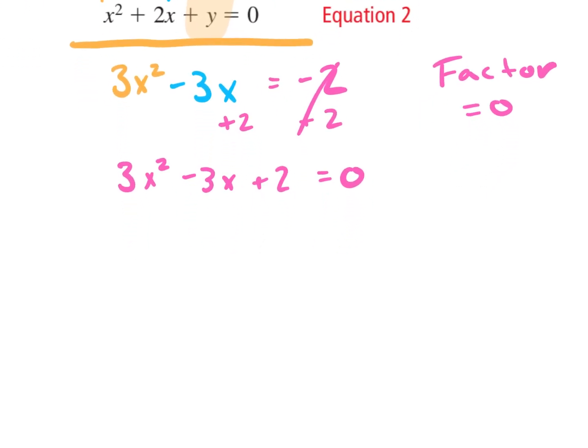The only part here is that I have a number out front that is not 1. So to factor this, I have to multiply the first times the last. So 3 times 2 is 6. Now I need to find 2 factors of 6 that add to -3. We actually don't have 2 factors of 6 that add to -3. So when we can't factor it, we have to do the quadratic.